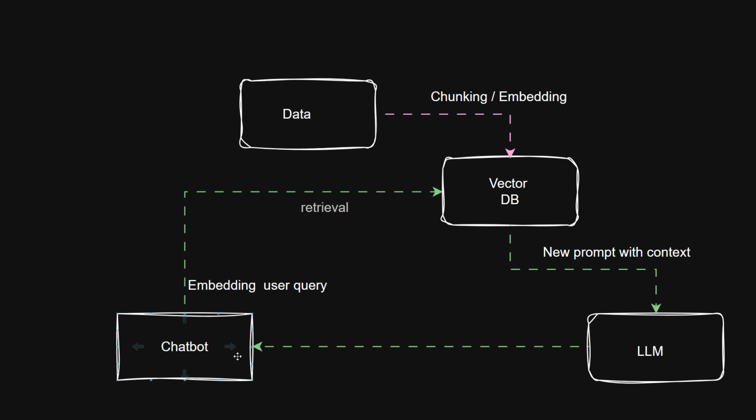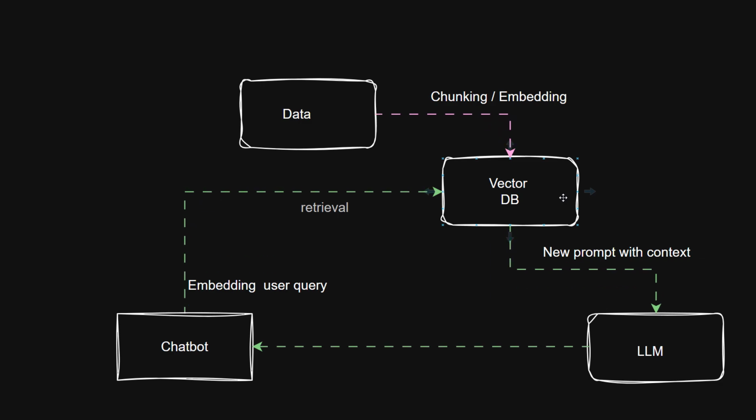Then when we build a chatbot, this chatbot takes our query, embeds it in the same manner, goes back to this vector database, does a similarity search and gets the data back from the vector database. And then it gives all of this to the LLM. And then the LLM properly reformats the answer, because now it has the query and it has the context also, and returns it back to the chatbot. So this is an example of RAG. Now there are many pieces here, so let's talk about one at a time.